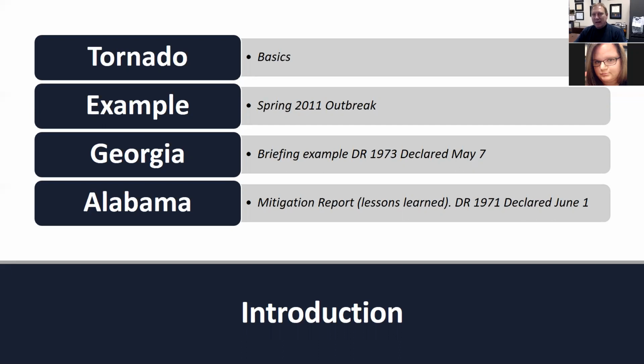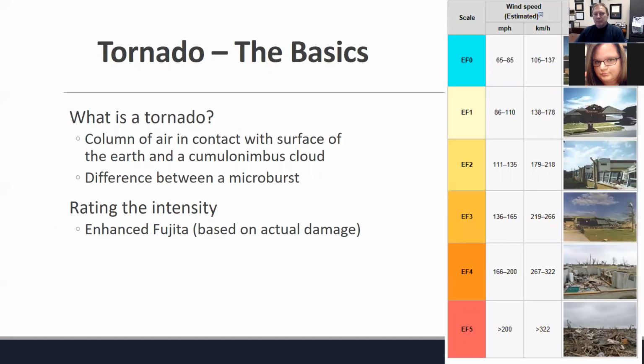They had some slight damage prior to the Georgia tornadoes, and my deployment was to Georgia, but while I was there we wound up reassigning some of our task group members to Alabama. I have some of the content from both our recovery efforts in Georgia as well as those in Alabama, and that includes lessons learned from those experiences. And so the basics.